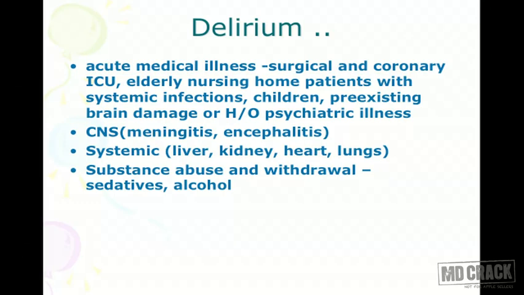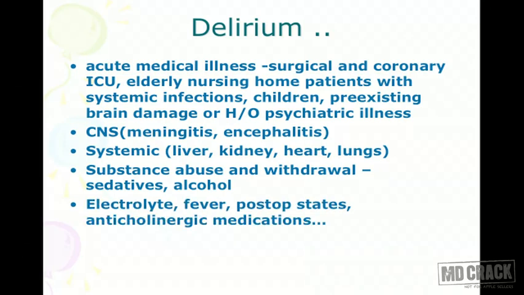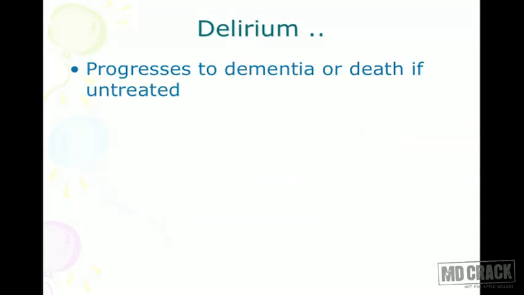Substance abuse and withdrawal, especially sedatives and alcohol, may be involved. And electrolyte disturbances, extremely high fever, some post-operative conditions, and excessive use of anticholinergic medications, that's anticholinergic toxicity, might be responsible for delirium.